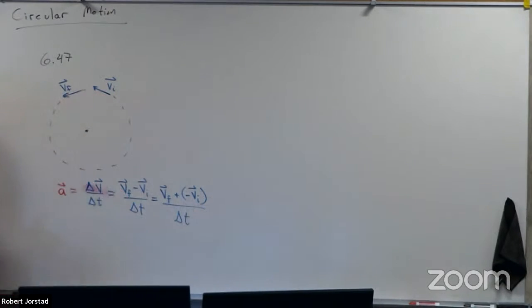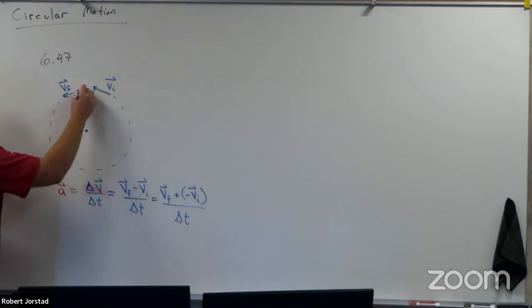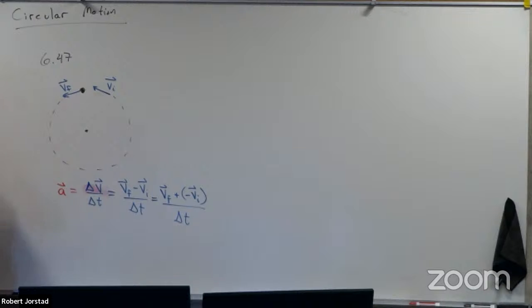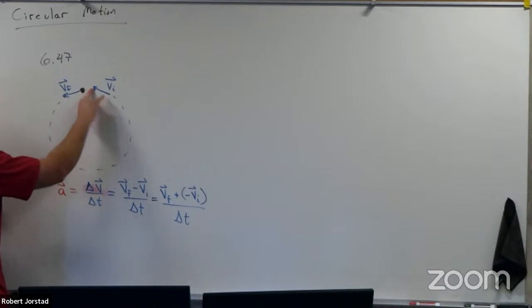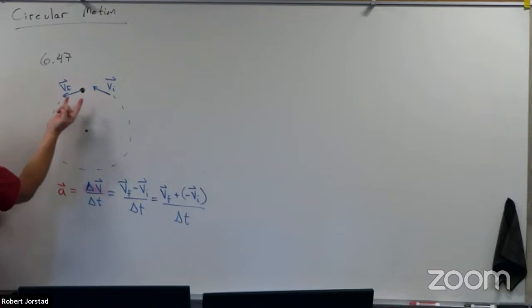Maybe that makes it worse for you, but the idea is this is V final. If I start right here, if I take V final and I add to it negative V initial, well, if this is V initial, the opposite of it is negative V initial. So that's adding to it this.